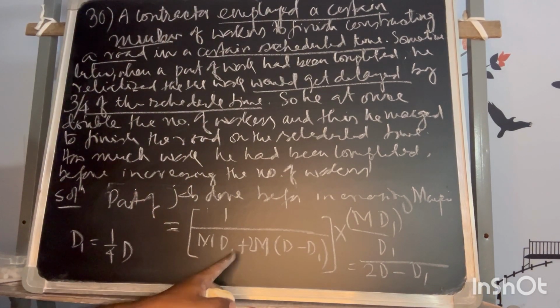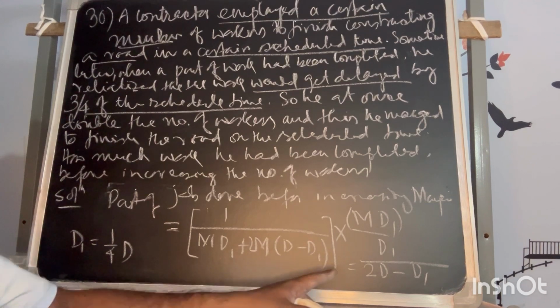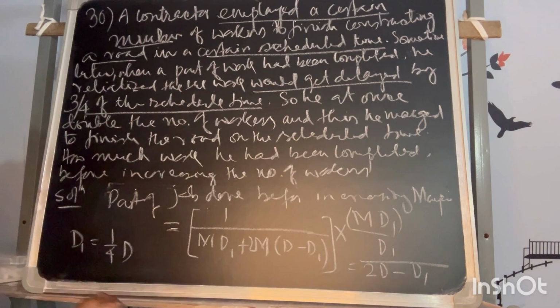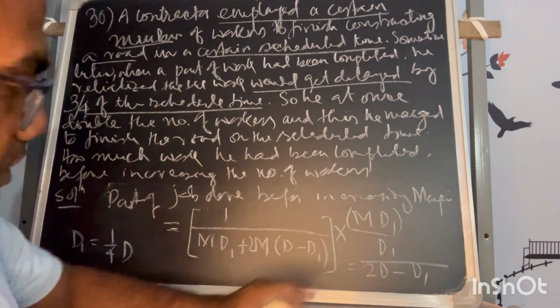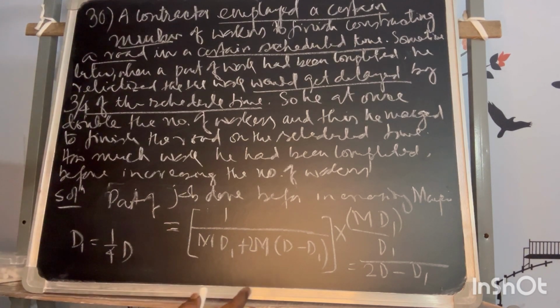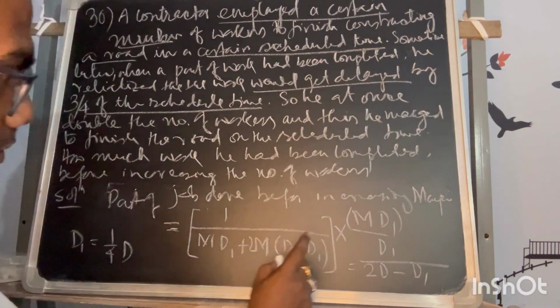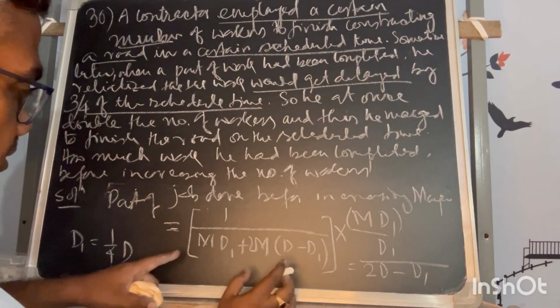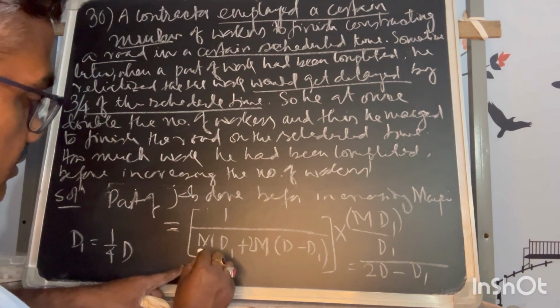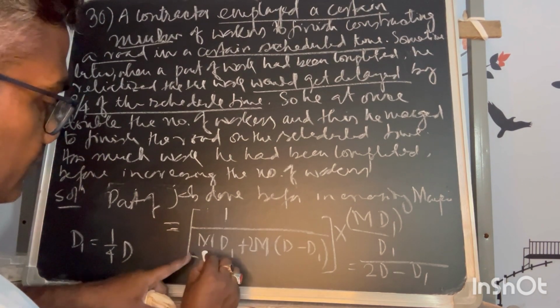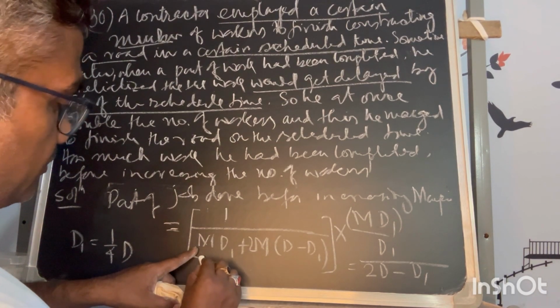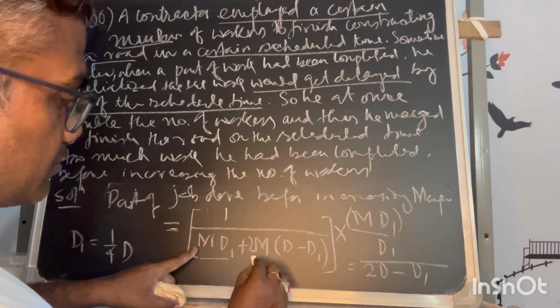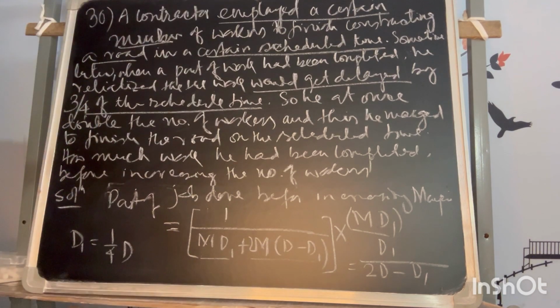M cancelled, D1, 2 into D minus 2D1, that is equal to 2D minus D1. This will be the equation for the fraction of job they did before changing the manpower, isn't it? You understand? This is the rate of job for the first case. What is the complete job and the total time? Total time is this plus this.